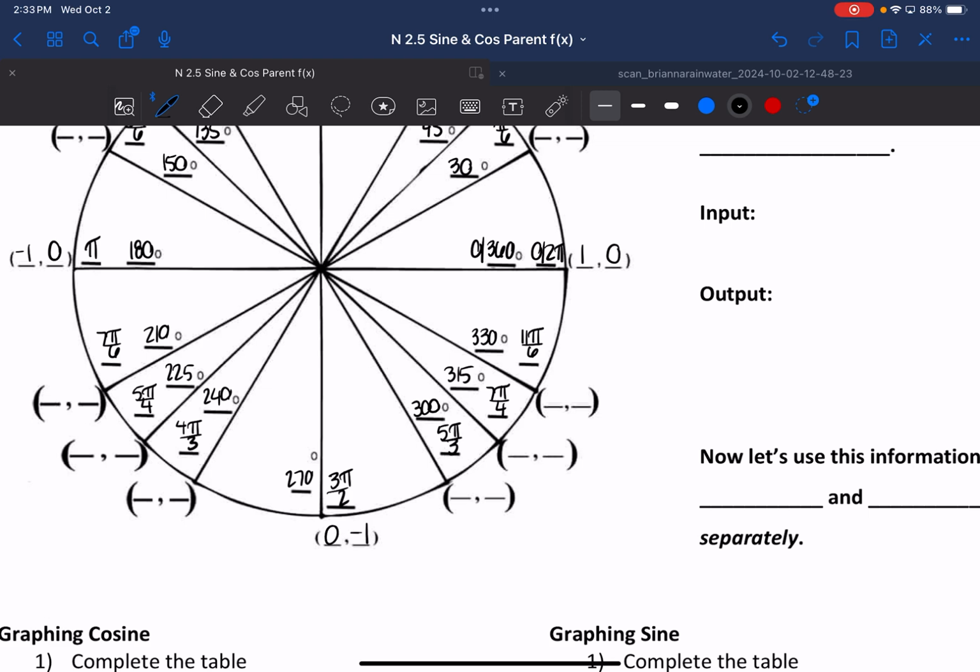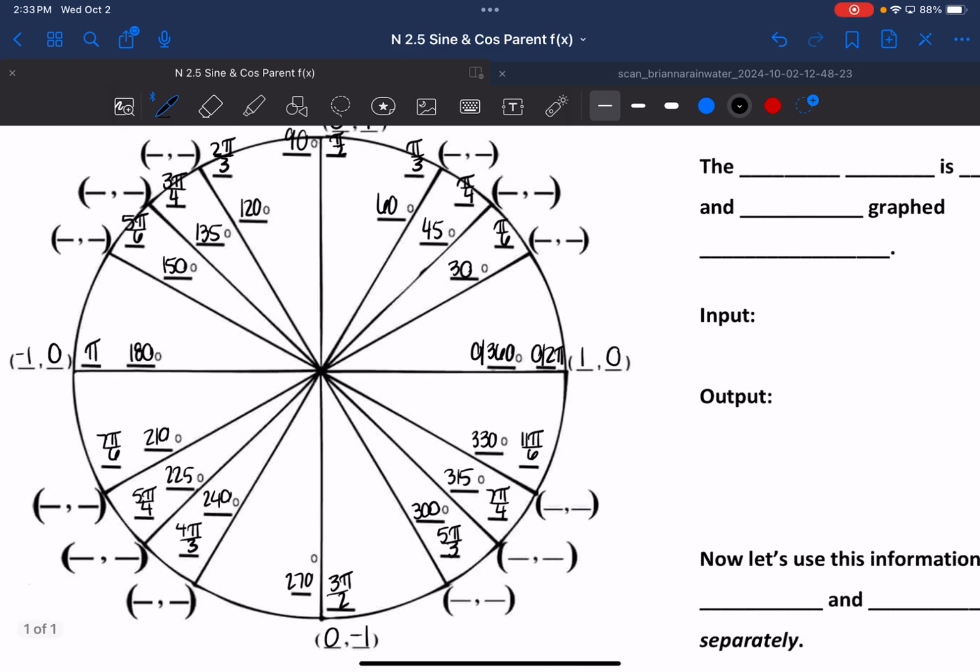Good. Okay. For 30 degrees, what is our coordinate for 30 degrees? Right. Square root of 3 over 2 and a half. Okay. And any of them that are 30 degrees away from the x-axis have that same set of coordinates, right? So 150 degrees would also be square root of 3 over 2 and 1/2.